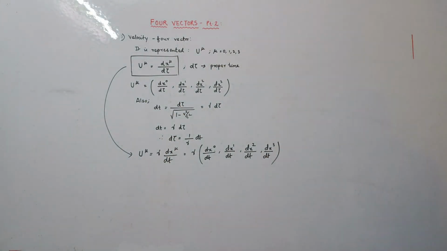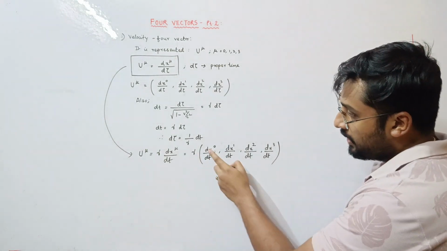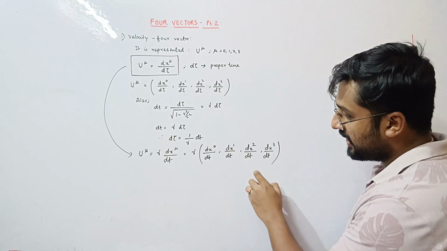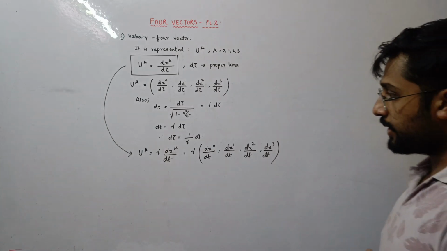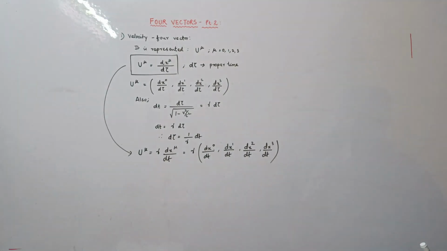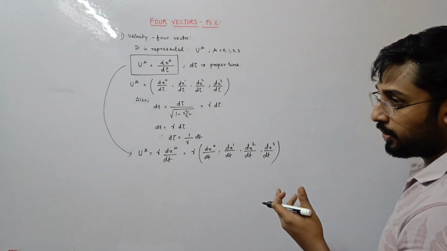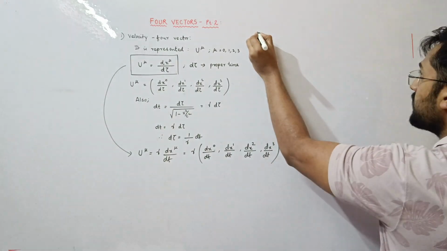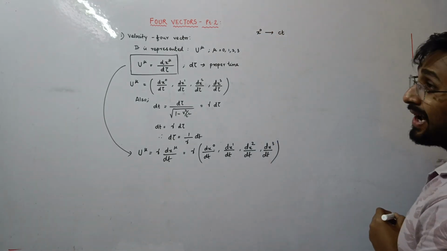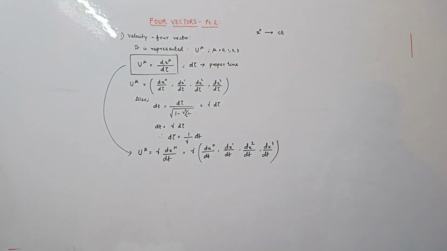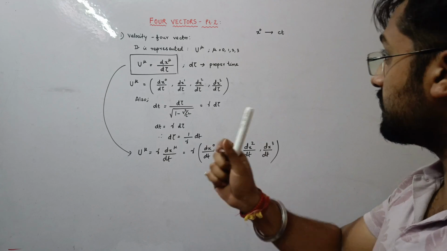Yes, so as we were saying, the four-velocity is now defined as gamma times dx0/dt, dx1/dt, dx2/dt, and dx3/dt. Now, as I already mentioned in the previous video, we will be following a few conventions. x0 will represent the time ct, because in Minkowski space, in four-vectors, the time is always written in terms of ct.